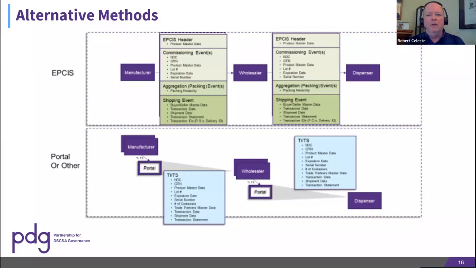And then if we're talking about a portal, those data elements may be presented in many different ways, depending on the portal owner. But they do have to be presented, and they do need to be shared with trading partners in order to make them whole from a DSCSA point of view. So this is just to show the two different ways that data could be transmitted or shared, and that it is the same data and how it maps.